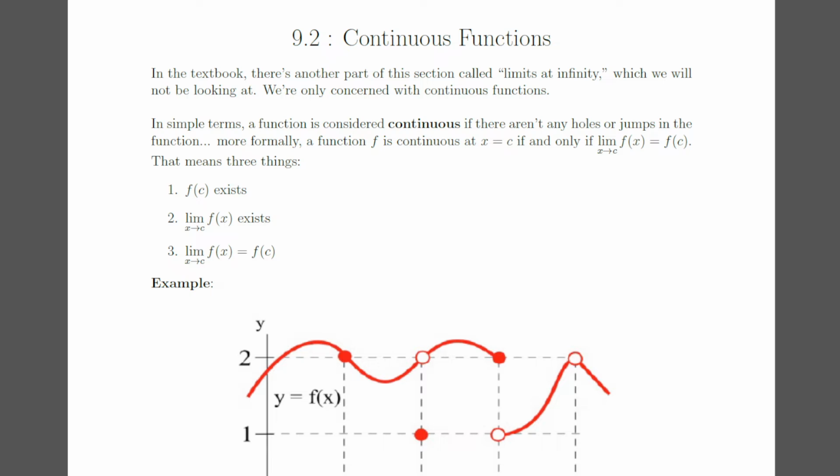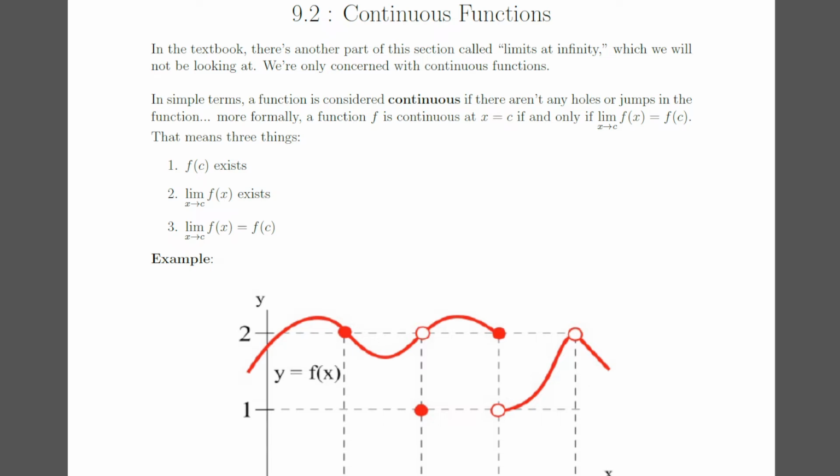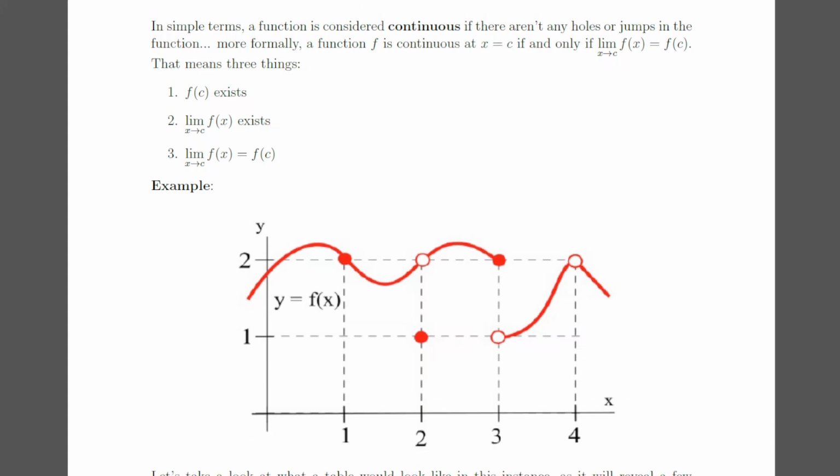More formally, it's continuous if and only if the limit of f of x as x approaches c is equal to f of c. What do I mean by that? These are the three things it means. Number one, the function evaluated at that particular value of c exists. Number two, the limit itself exists. Number three, the limit is equal to whatever that evaluation is.